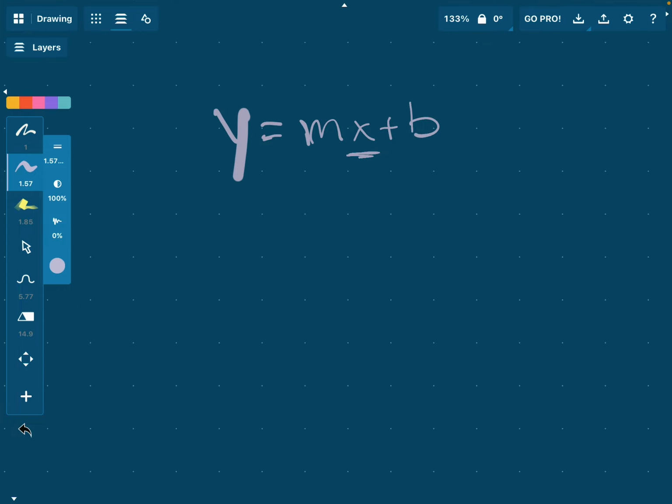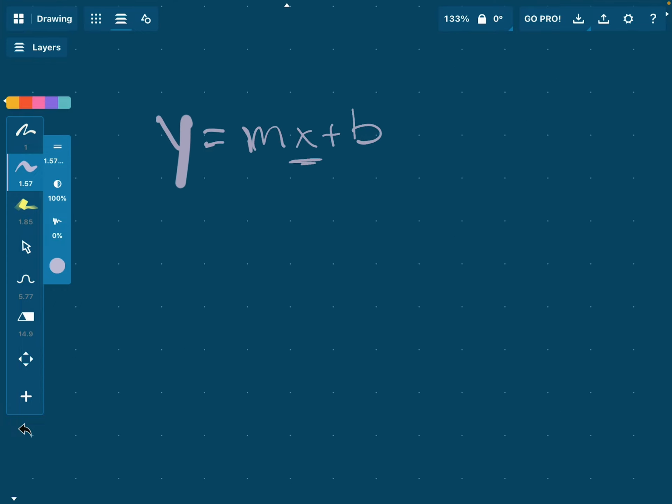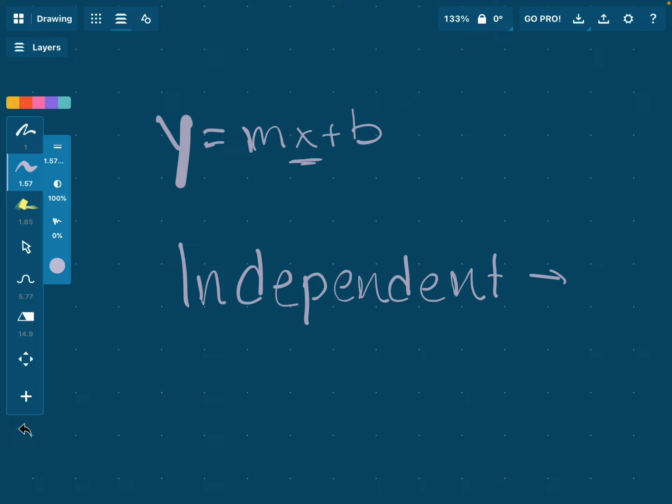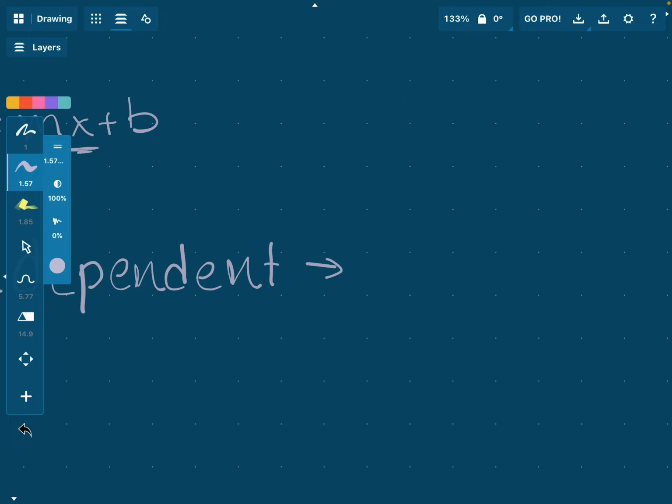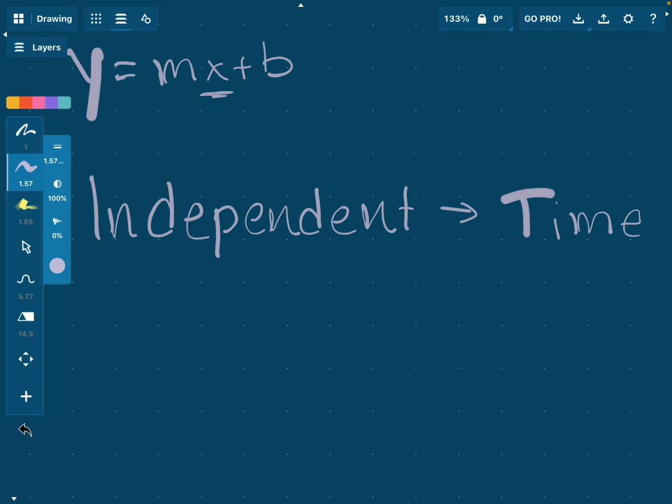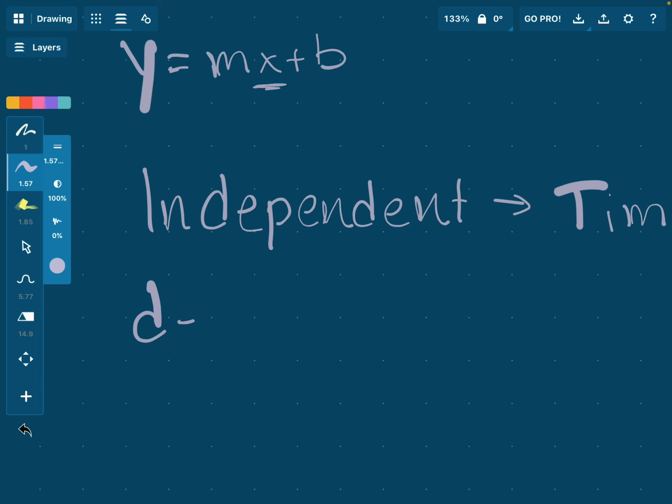So let's start with our independent variable. An example of what an independent variable would be, like a unit for an independent variable, would be time. Time is one of those independent variables that's used over and over and over again. And then dependent variables, so what depends on time? Well, we can look at a lot of different things that depend on time.